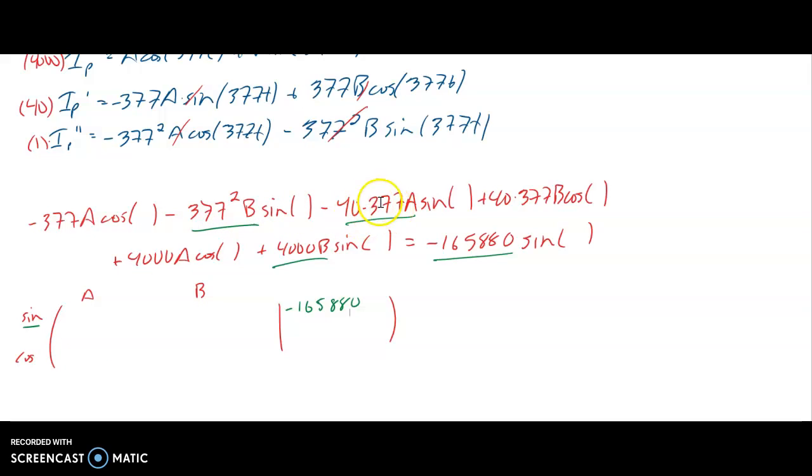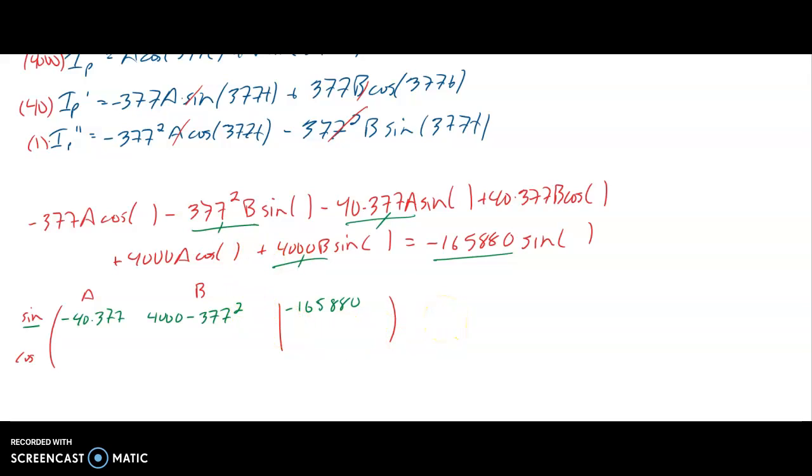I've got this one right here, so that's negative 40 times 377. I will cross that out there. And then, all right, so B coefficients. I've got this one, a minus 377 squared B sine. I've also got this 4,000 B sine. So I'm going to write the 4,000 first because it's positive, minus 377 squared. And I'm going to cross that out and that out.